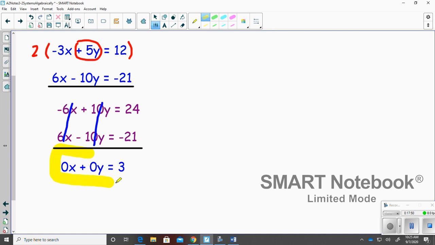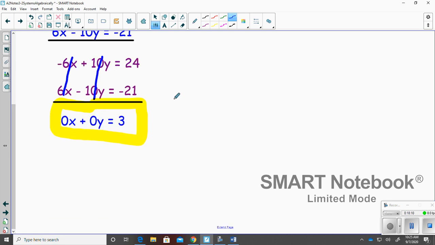I have this statement. And based on your notes from today, we looked at 3 possibilities. Either these systems are going to have one solution, and you'll have to record your ordered pair, no solution, or infinite solutions. And so now the question is, which one of the special cases is it? Is it a no solution? Is it an infinite solution? How do I know? Okay, you can guess and check.